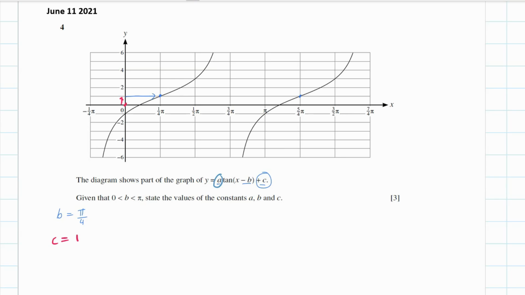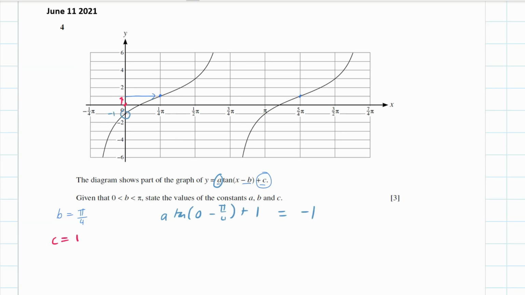What I would do for this probably is go, well, I know this value here is 0, so I know that A tan of 0 minus B, which I've found to be pi over 4 before, plus 1 equals -1, because this is -1 on the scale there.